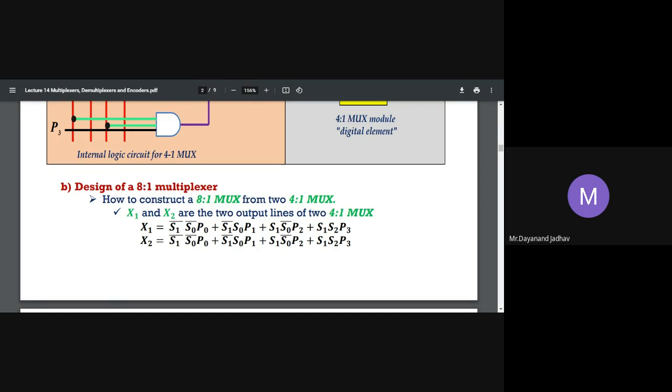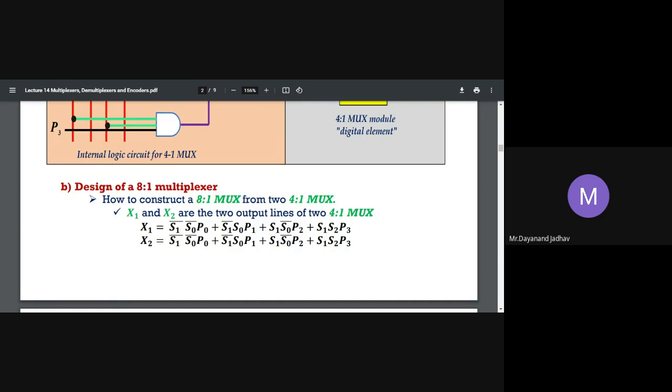X1 and X2 are the two output lines of the two 4 to 1 muxes. See here X1, X2. This is the logic of the 4 to 1 mux. If S0, S1 is 0, 0, P0 is selected in the output; if S0, S1 is 0, 1, P1 is selected; 1, 0.